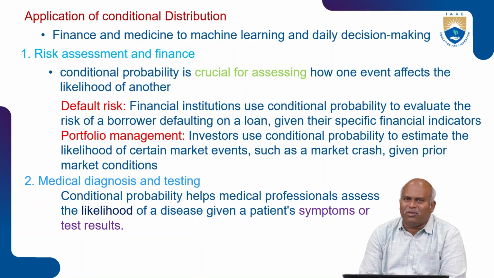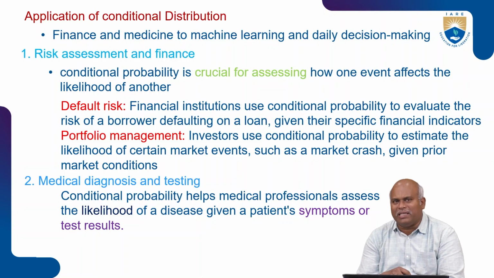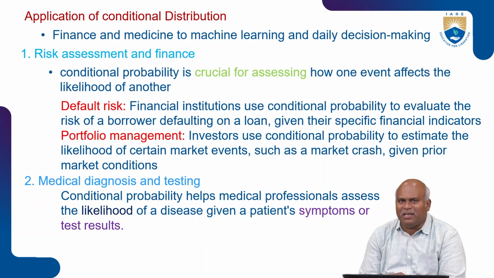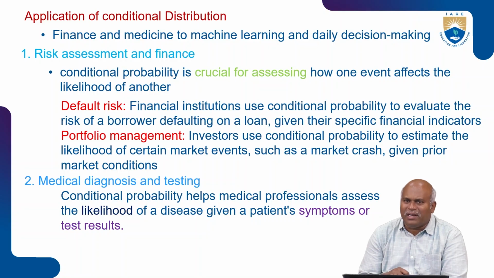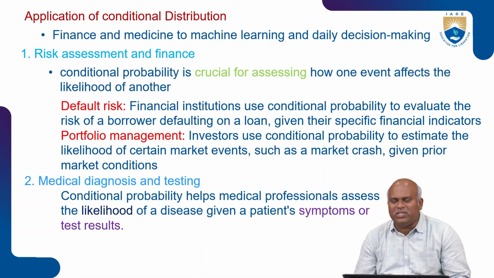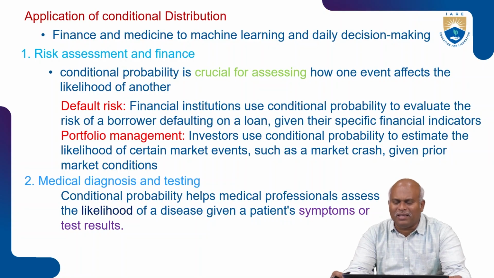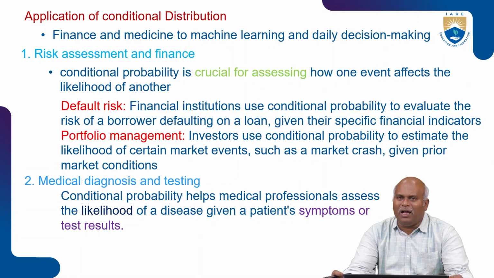How we go for the risk in a financial institute: conditional probability given the condition, the risk of the borrower defaulting on a loan. We need to identify who is possible to repay the loan. Those people only we need to give the loan in the bank sector. So that represents the default risk.